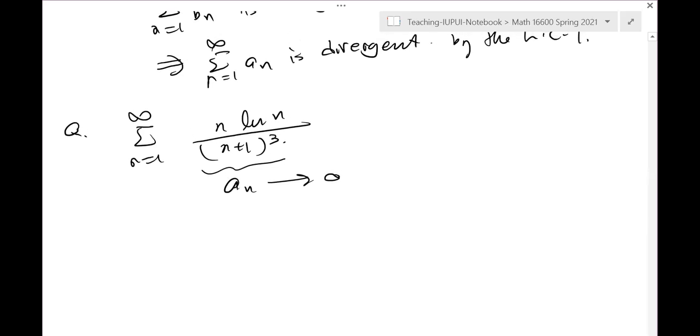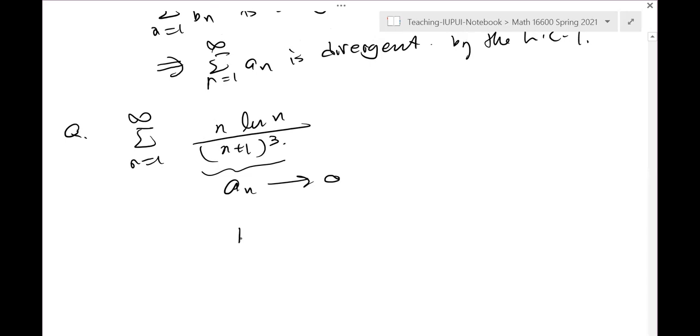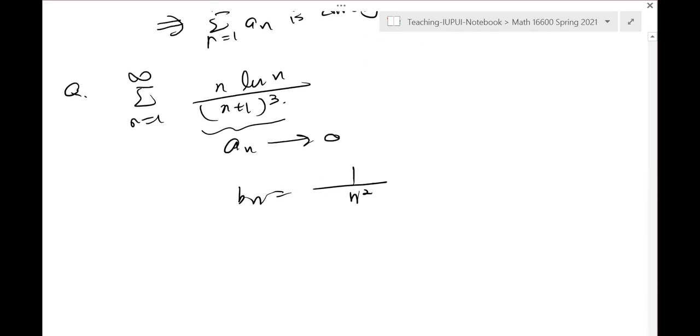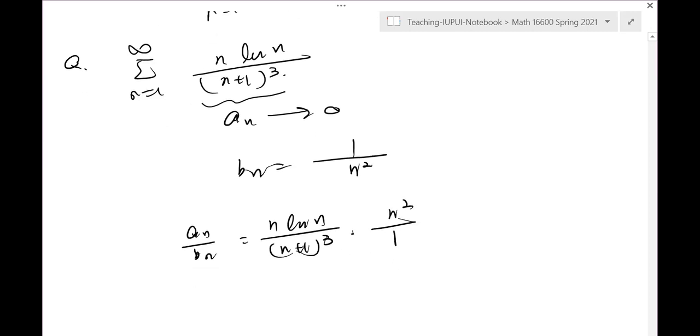Okay. But if I use a Bn of 1 over n squared, then still it does not work. If I look at the limit, that's a problem here. If I look at the limit of an over Bn, this is n natural log n over (n plus 1) cubed, and that will be 1 over n squared, so n squared over 1, right?